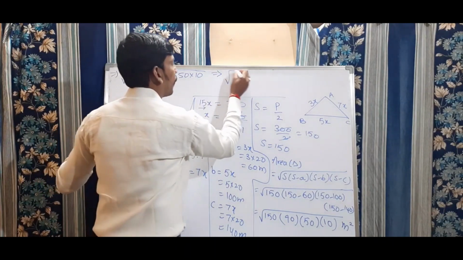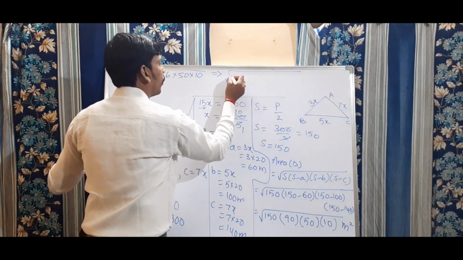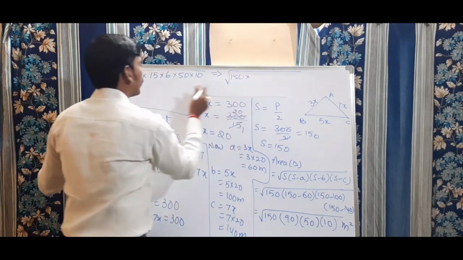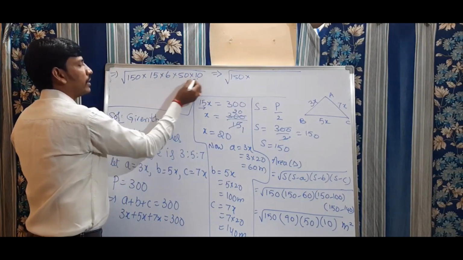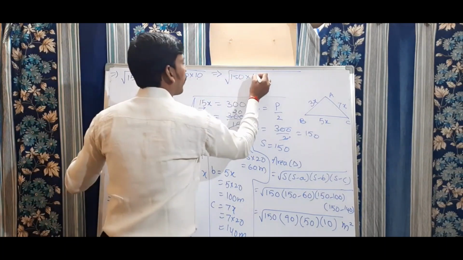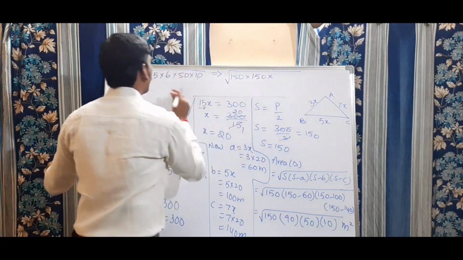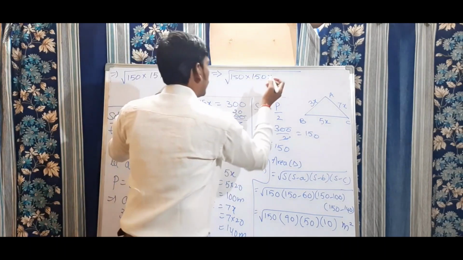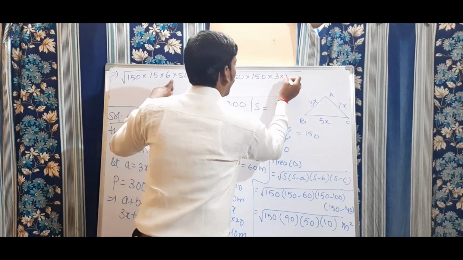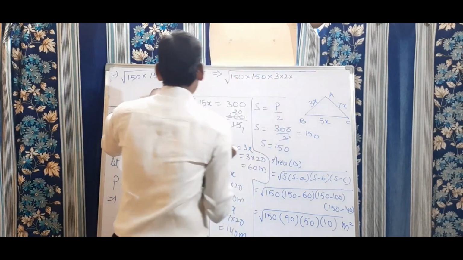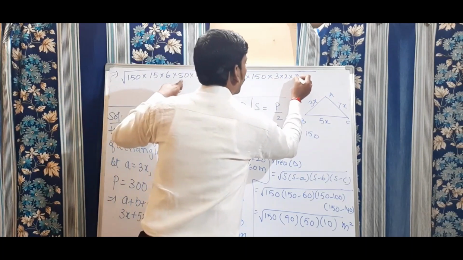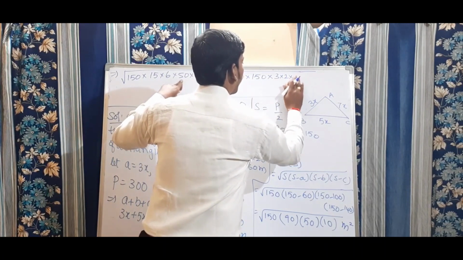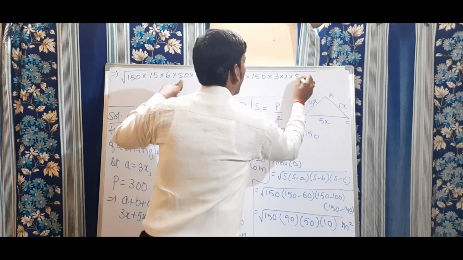So now implies into 150 into this 10 and 15, you multiply, you will get one more 150, into 6 is nothing but 3 into 2, into 50 can be written as 25 into 2, or you can write 50 as it is only.